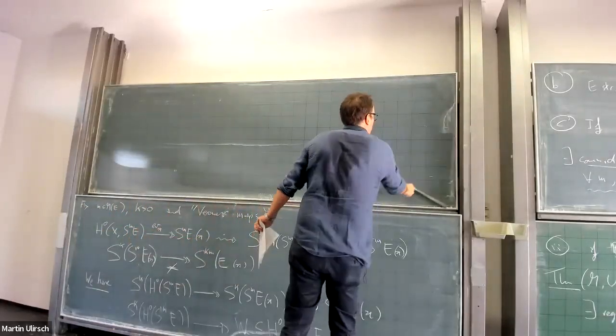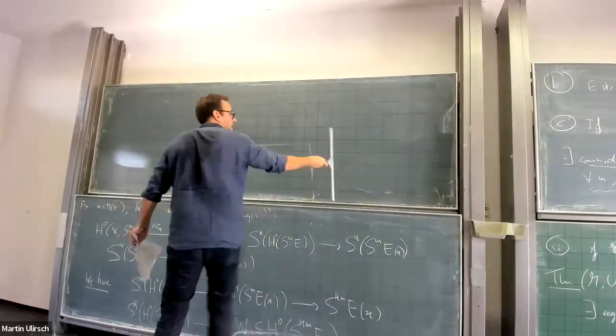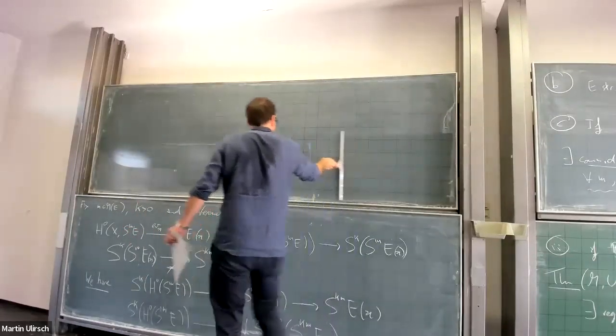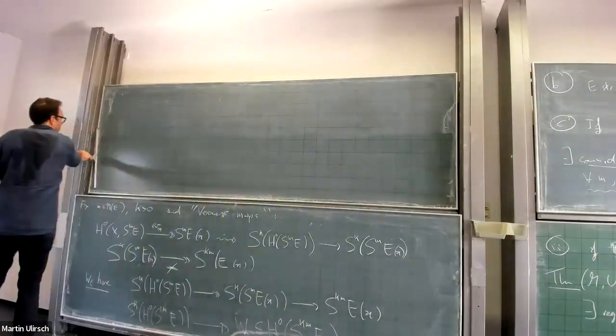Put together all of these evaluation maps and then see whether we can factor out some finite maps.